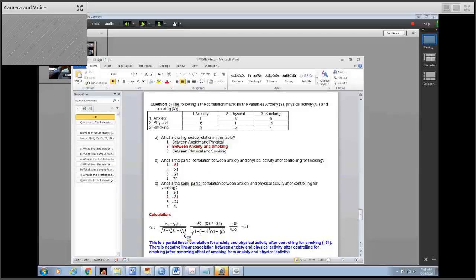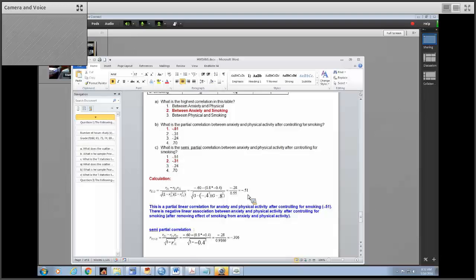The first term is your anxiety and physical activity, your main independent variable, negative 0.6, minus the correlation between anxiety and the third variable smoking, which is 0.8, times the correlation between physical activity and the controlling variable smoking, negative 0.4. Then you divide by the square root of 1 minus r squared for those two terms: 1 minus 0.8 squared times 1 minus negative 0.4 squared. You get negative 0.51.